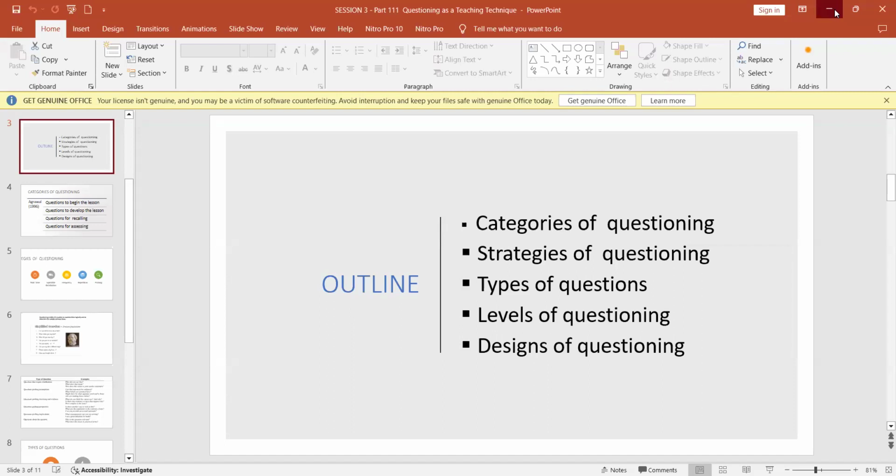But if you have same ability grouping, based on the same reading passage, for the weakest group, you will give them MCQs only. They have to select the correct answer after reading the passage. For the average, you will ask them to write simple short answers.